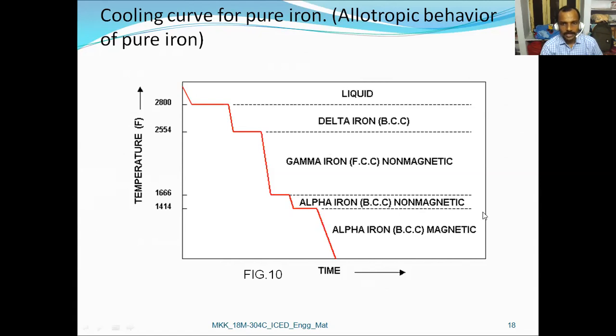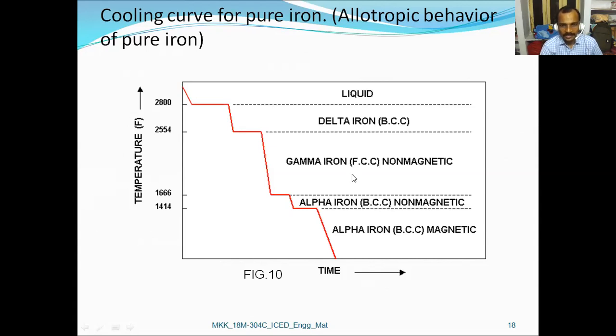Initially it was magnetic type, then whenever the temperature goes on increasing from 1414 to 1666 Fahrenheit, the magnetic alpha iron of body centered cubic structure changes to alpha iron body centered cubic structure of non-magnetic type.